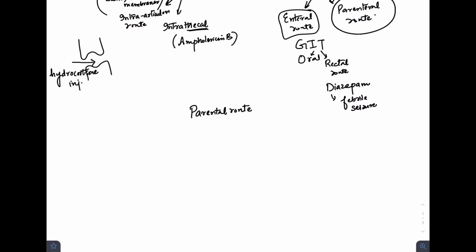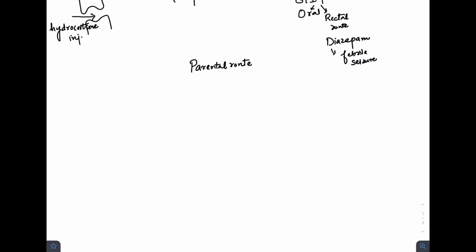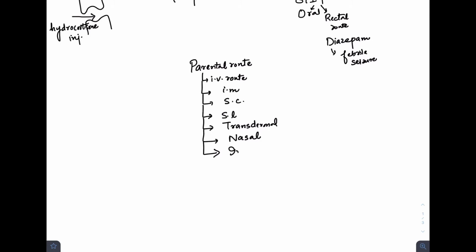So the parenteral route can be IV, it can be IM, intramuscular route, it can be subcutaneous, it can be sublingual, it can be transdermal, or it can be nasal, and also it can be inhalational.